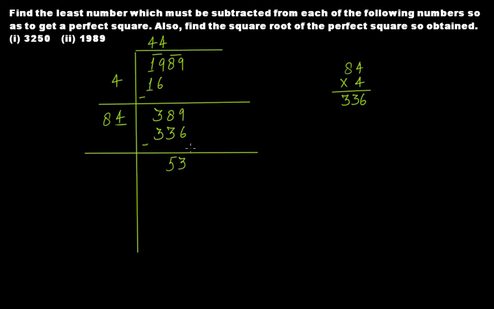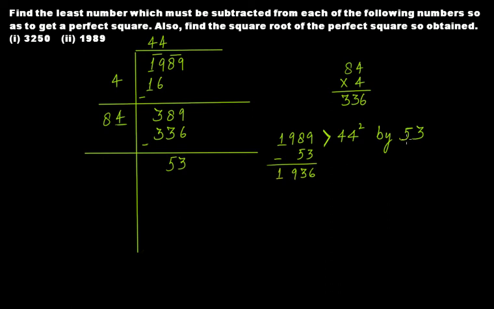It means that this 1989 is greater than 44 squared by this 53, by this much value. So if we subtract 53 from this one, what do you get? 9 minus 3 is 6, 8 minus 5 is 3, you get 1936.